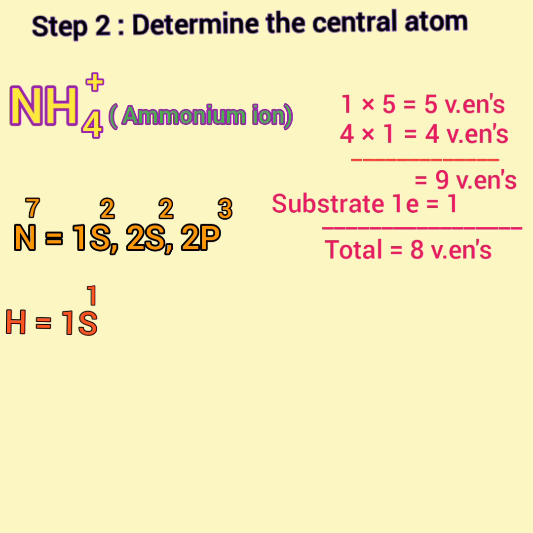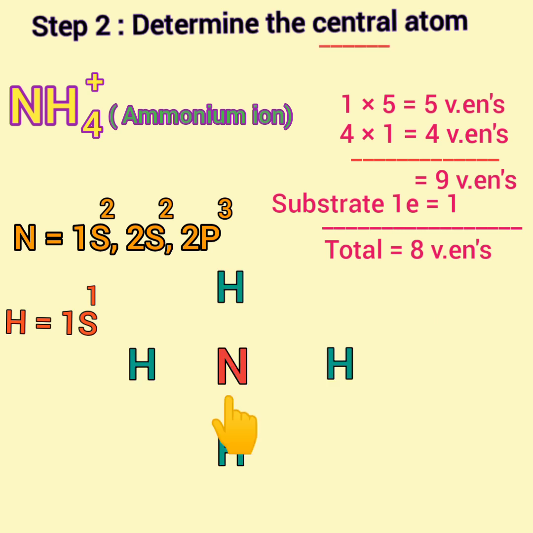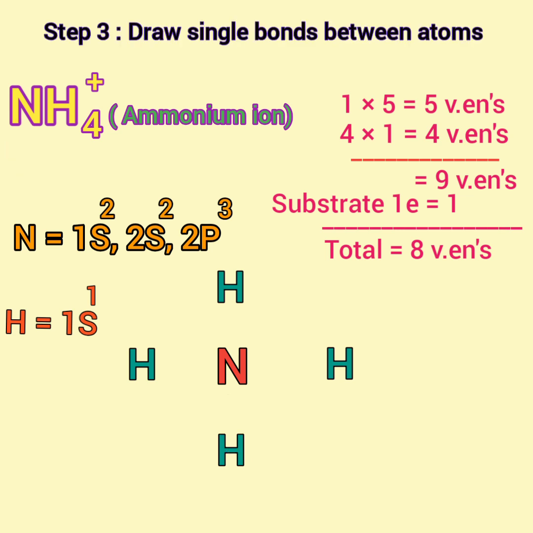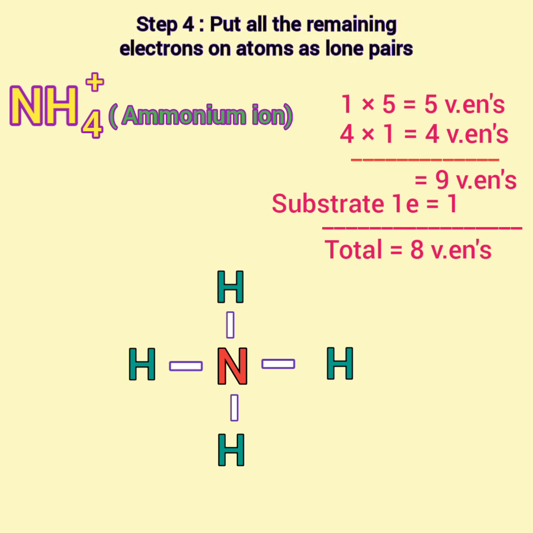Step 2. Determine the central atom. Nitrogen is the central atom because there is only one nitrogen in this molecule. Step 3. Draw single bonds between atoms. Step 4. Put all the remaining electrons on atoms as lone pairs.